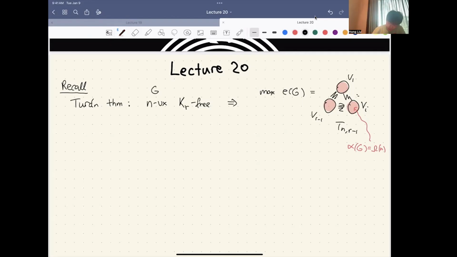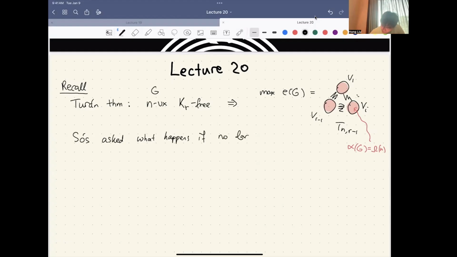So Sós asked, what happens if there are no large independent sets?